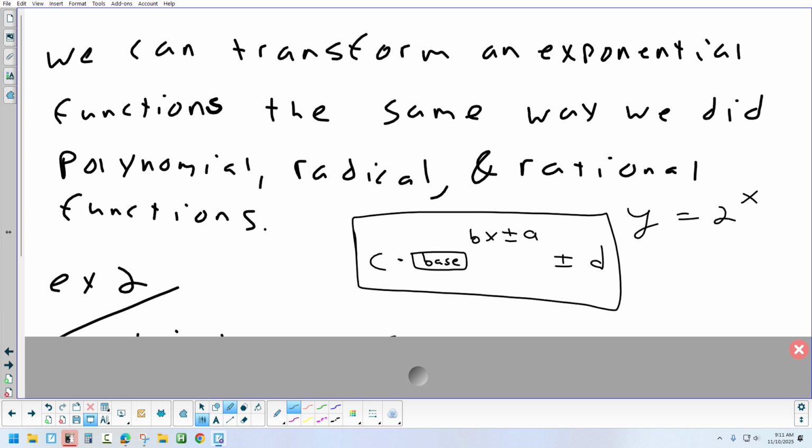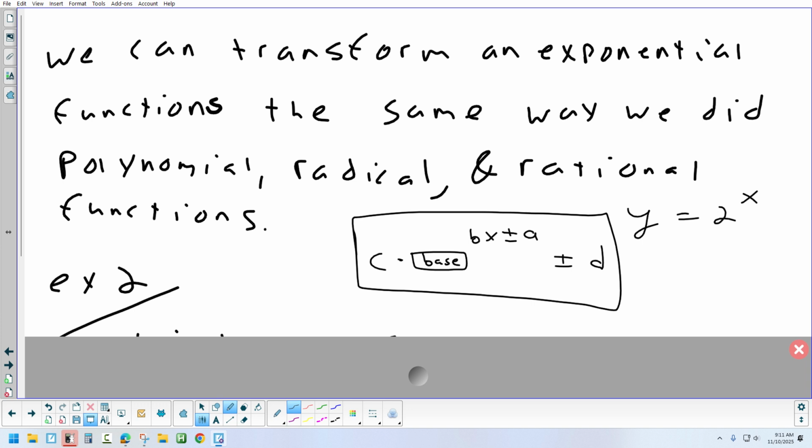How about B? Still inside, but now it's multiplication. What kind of transformation is B? Yep. Horizontal stretch. If B was 2, how would you describe the horizontal stretch? It would be like a stretch by a factor of 2.